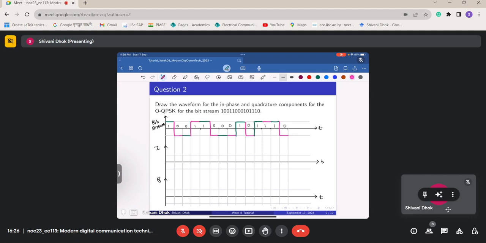Now for offset QPSK, what we do is, instead of starting from the 0th instant for the in-phase component, we start from -1. Let me extend this here. Let's say this is -1, this was 0, and this is 1. So the first in-phase component will be something like this.